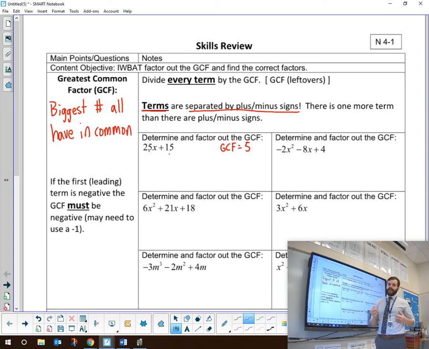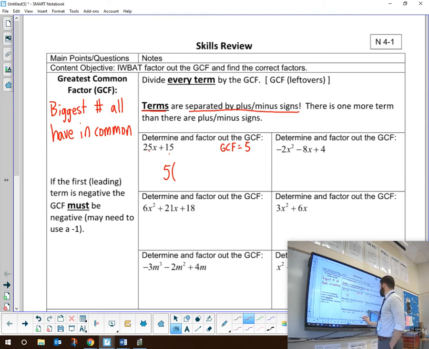So we're going to be practicing pulling out that GCF, okay? And we're kind of making a new equation. I want you to think about this as reverse distributing. Whenever we distribute, we take our number and multiply it to both, right? Well, with reverse distributing, we're pulling out a number. It'll make more sense later why this is so useful to us. But right now, we're going to pull the 5 out of the 25x and the 15.